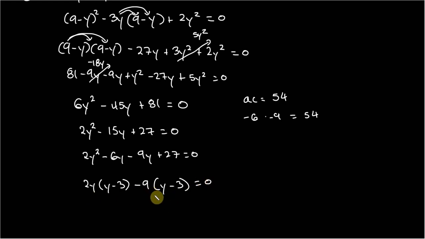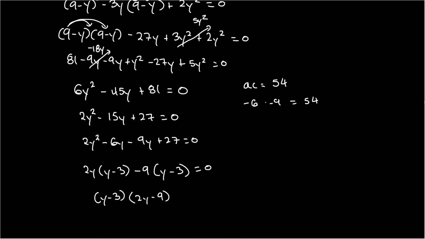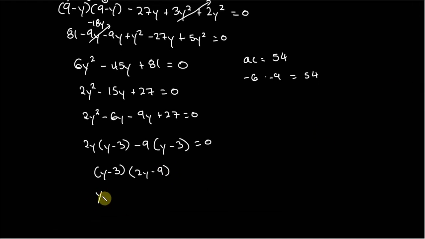And so we are going to have y minus 3 or 2y minus 9. And I'll just scroll down a little bit more. And so therefore y equals 3. Of course these are set to equal 0. Or y is going to equal 9 over 2.